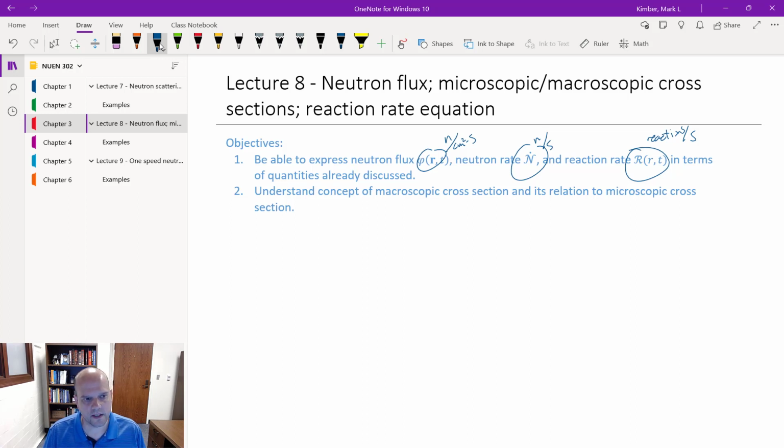So when we take this neutron flux, it's going to be dependent on space. It's going to be dependent on time, as you see the r and the t.